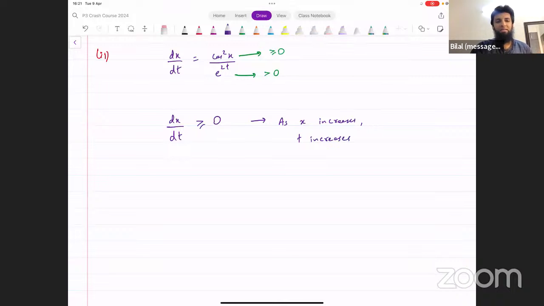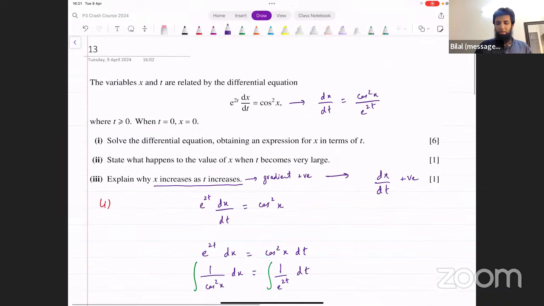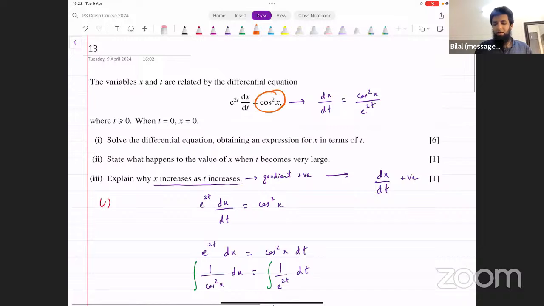And in this case, you could also argue that cos square can't be equal to 0. When is cos equal to 0? Cos is 0 at pi over 2, right?